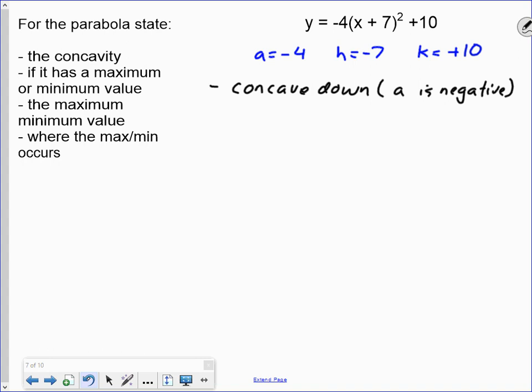Second one, does it have a maximum value or a minimum value? Well, if our parabola is, and I'm just going to draw a little picture down here, if it's concave down, we know that right up here, this is going to be a maximum value. Why? Because it's concave down.